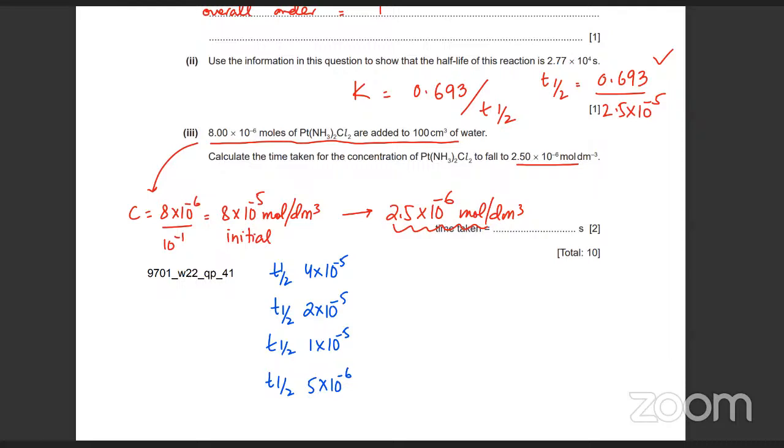Okay, every half-life, the concentration decreases by half. And that's the fifth half-life. So that's going to be 2.5 times 10 to the power minus 6. So it took how many half-lives? It took you 5 half-lives. Is that clear?